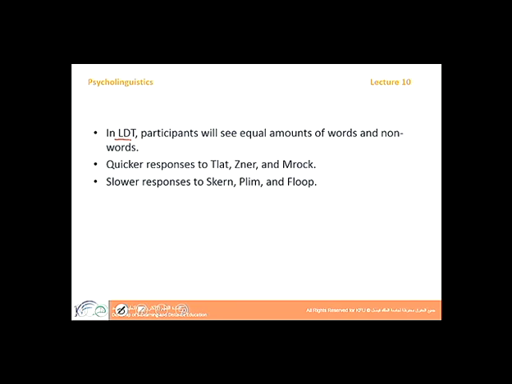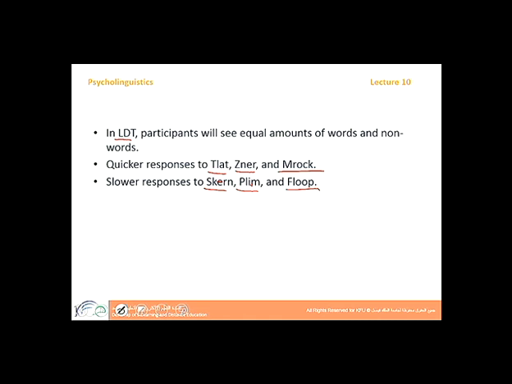Now, if you look at tlat, znr, and mrok, all of them are non-words. Also, skern, plem, and flub, they are also non-words. So all of them, 1, 2, 3, 4, 5, 6. We have 6 non-words.